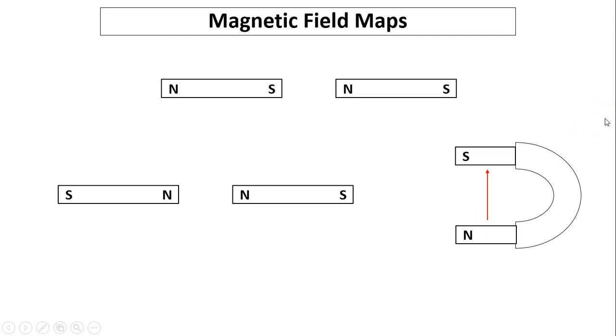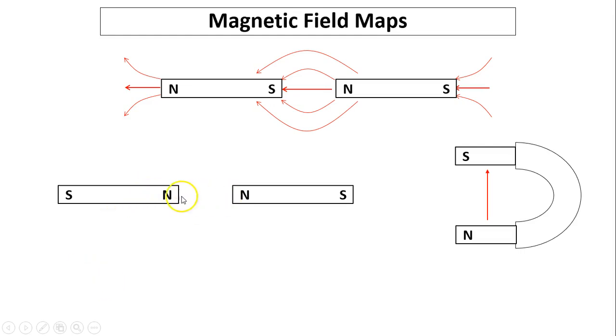Now let's take a look at magnetic field maps. If you have two bars, north and south, the field is always going from north to south. It looks like this, okay? It's coming into the south and going away from the north. Remember, this is not charges. It's very easy to make a mistake. The magnetic field is north and south, not positive and negative.